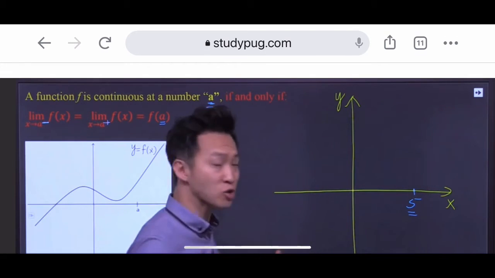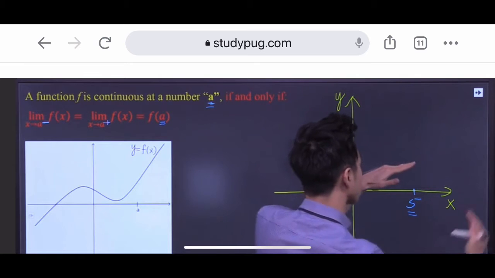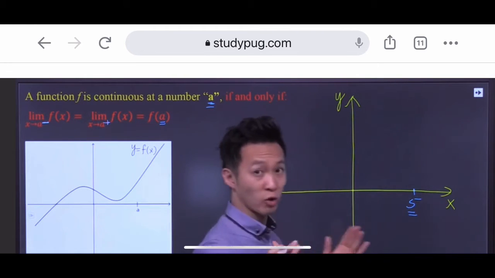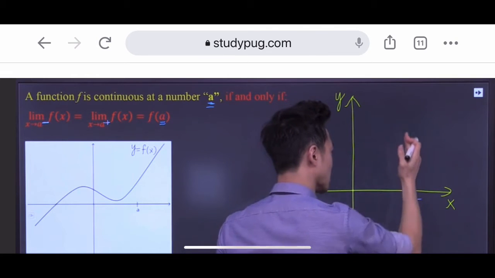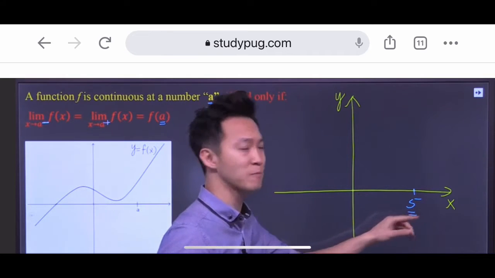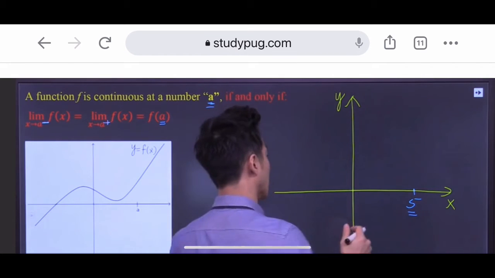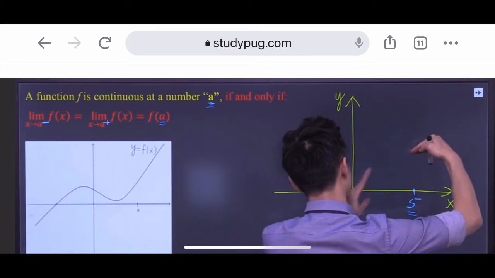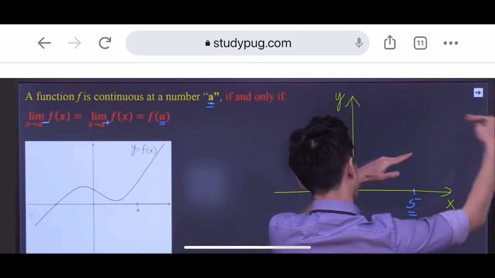See, if a function approaches different values coming from the left and from the right, then we know there must be a discontinuity at 5, right? So in order for a function to be continuous at 5, we must make sure that the function approaches the same value coming from the left and from the right.